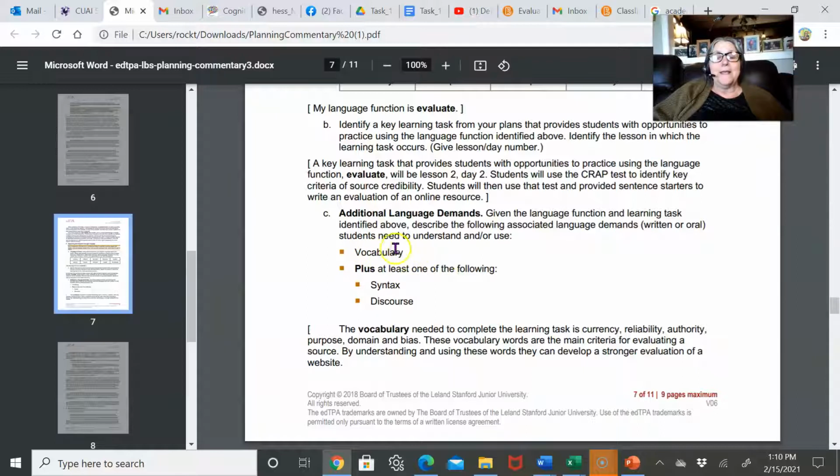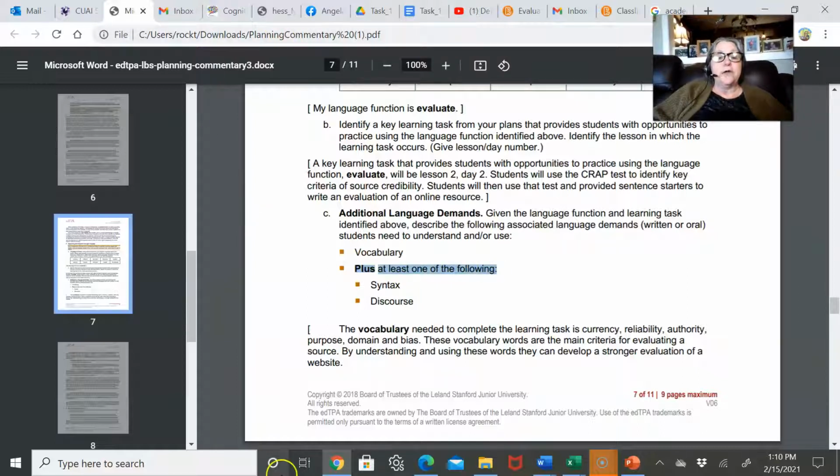Now, with 4C, you are to describe vocabulary and syntax or discourse. Notice it says plus at least one of the following.